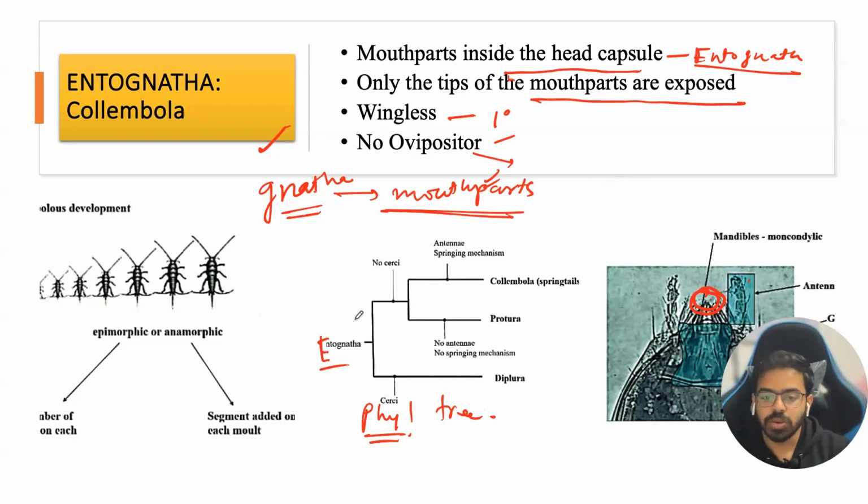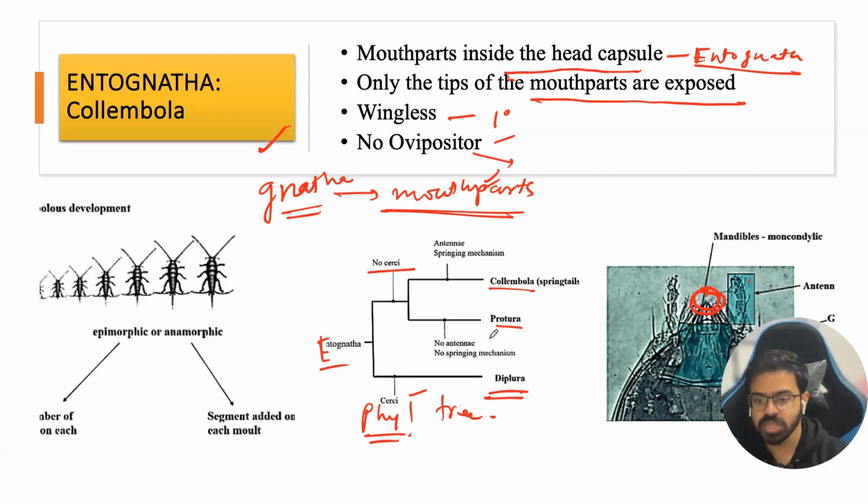If cerci are not there, then it could be Collembola or Protura. If cerci are there, then it should be Diplura. So when you are reading about Entognatha, the first character: if there are cerci, it should be Diplura. There is nothing more.